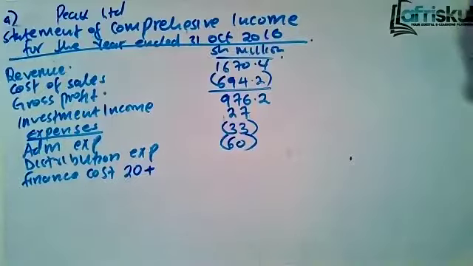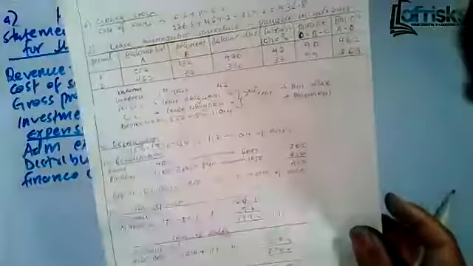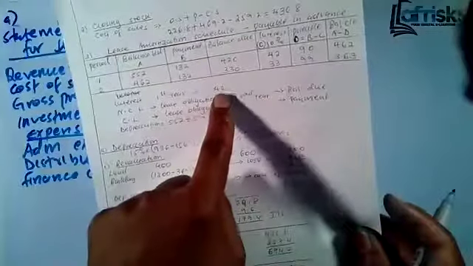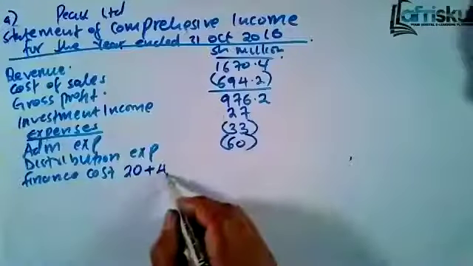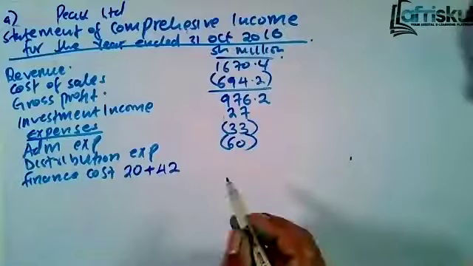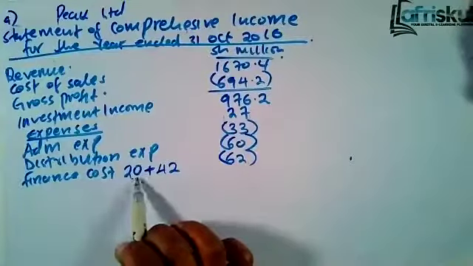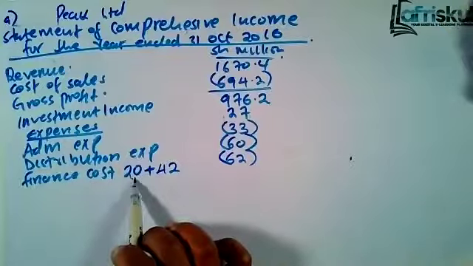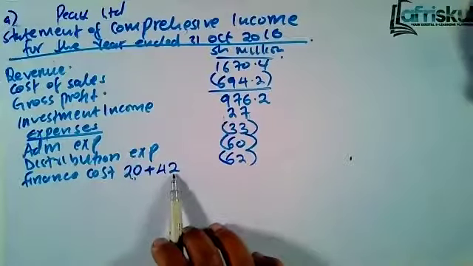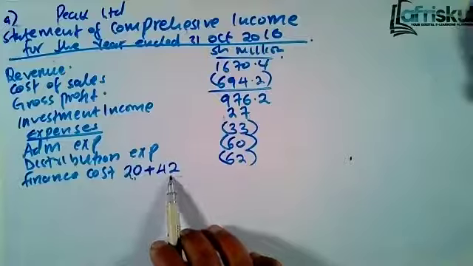If I take you back, we had the interest for the first year of 42. So you add 42, so that means your finance cost will be 62. This 20 arises from the 8% debenture. Then you add 42, the interest from the amortization schedule.